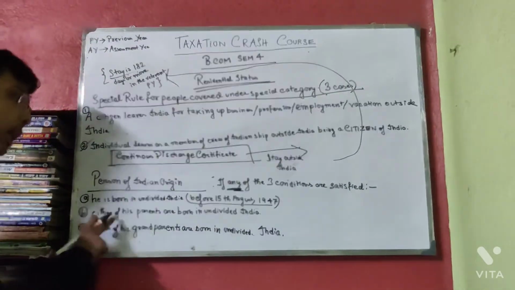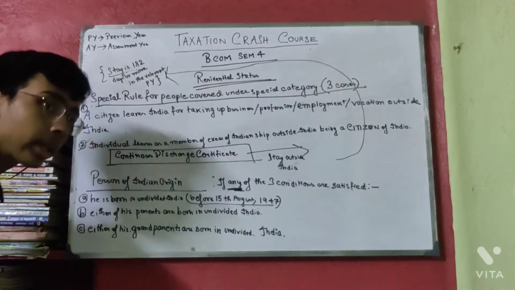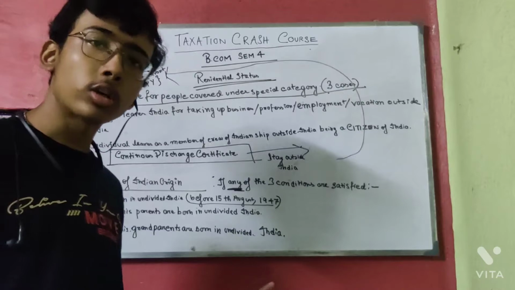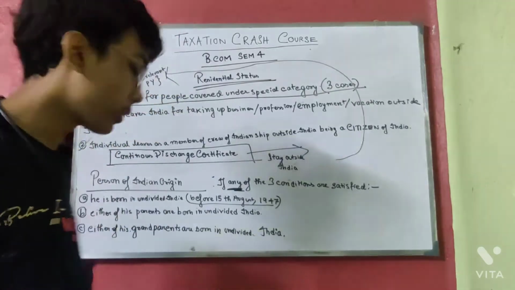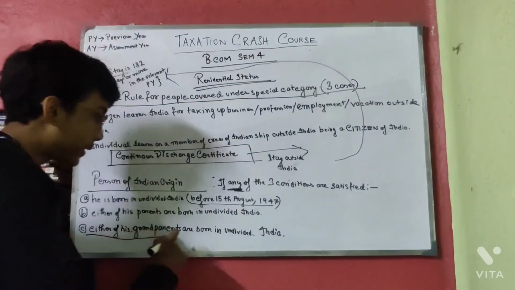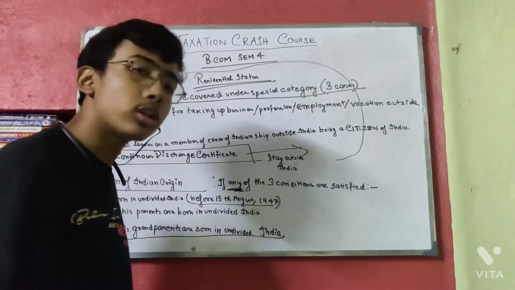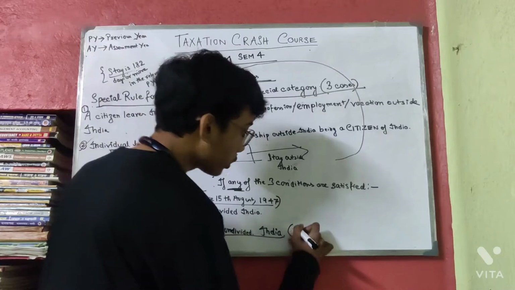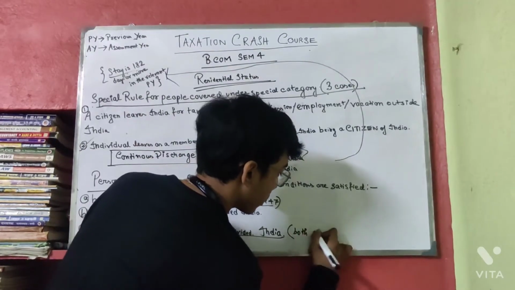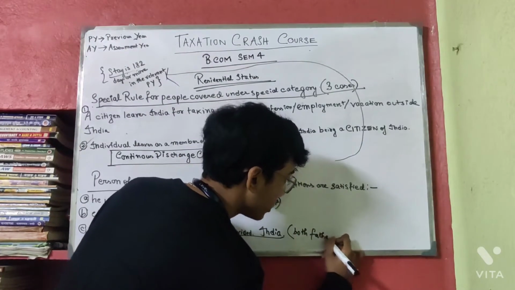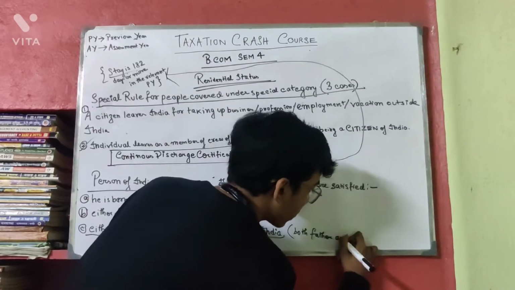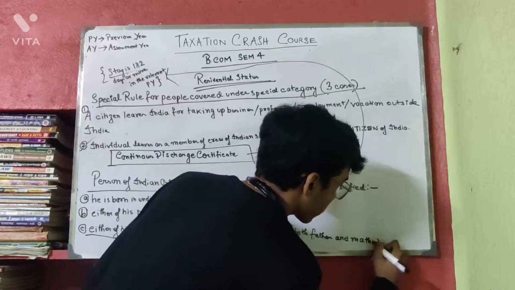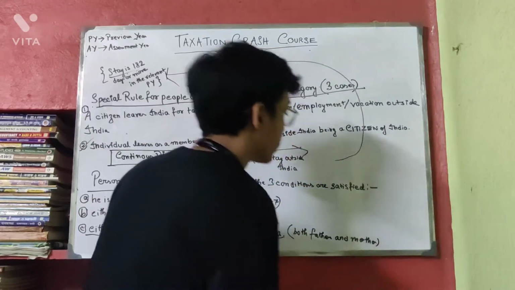Second, if either of his parents is born in undivided India, then he or she will be treated as a person of Indian origin. And if either of his grandparents is born in undivided India, then he or she will be treated as a person of Indian origin. This will include both father and mother. Grandparents here means parents of both father and mother.